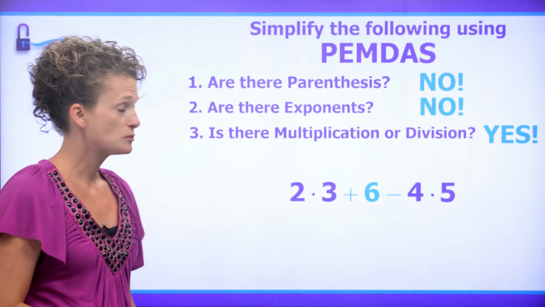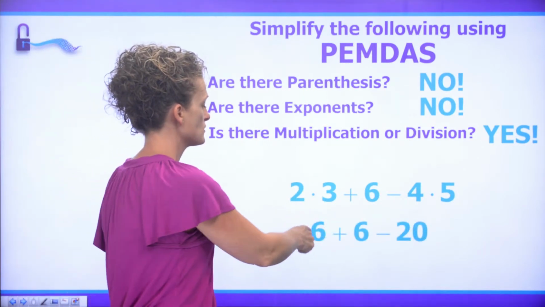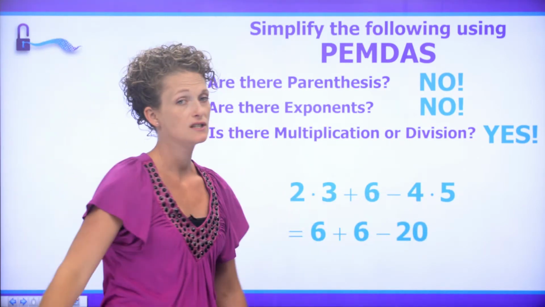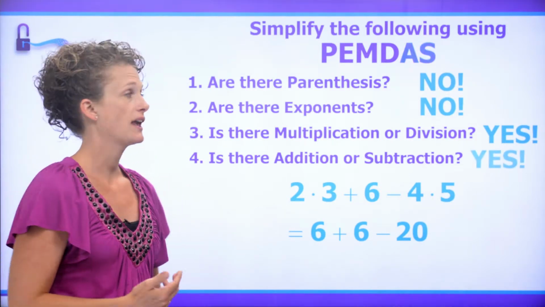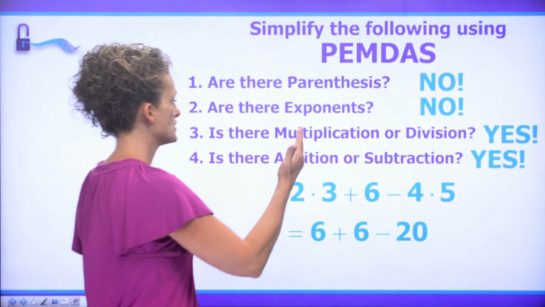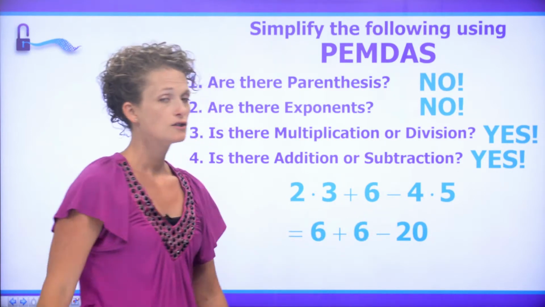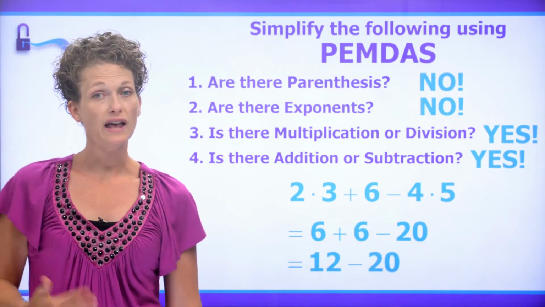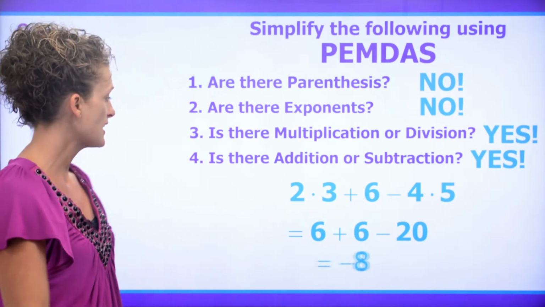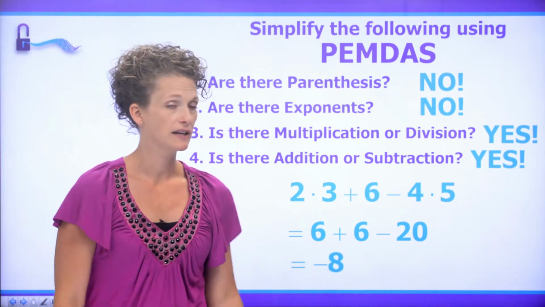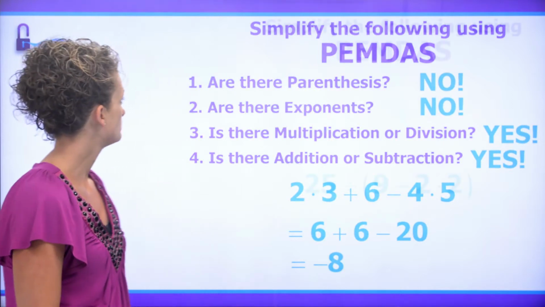So we do those multiplications and we see that 2 times 3 is 6, 4 times 5 is 20. And last, we ask ourselves if there's addition and subtraction, and there is. So we do addition and subtraction from left to right. So 6 plus 6 is 12. So we're left with 12 minus 20. When we do that subtraction, we get -8. And so our final answer is -8.